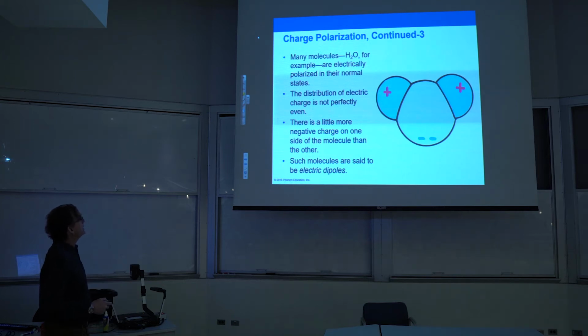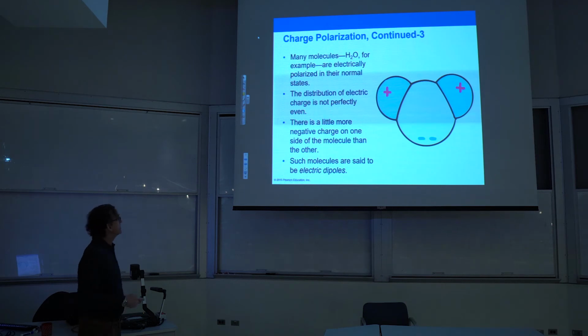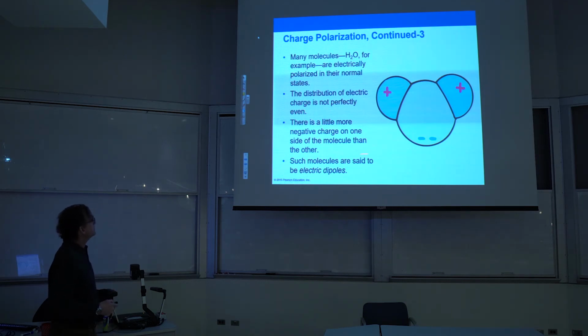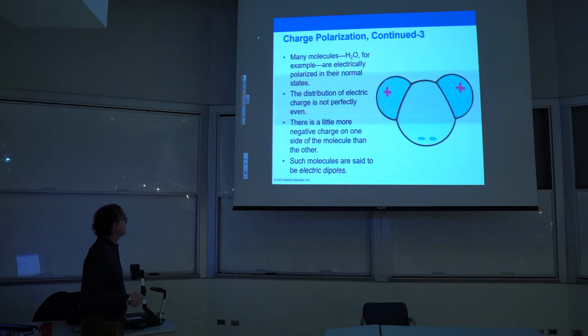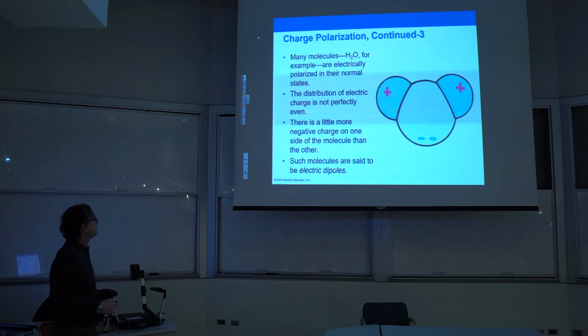And so we get a distribution of electric charge that is not really symmetric. In other words, there's a polarization in the water even though there's nothing there to generate that. And such molecules are called dipolar, or having what we call electric dipoles.